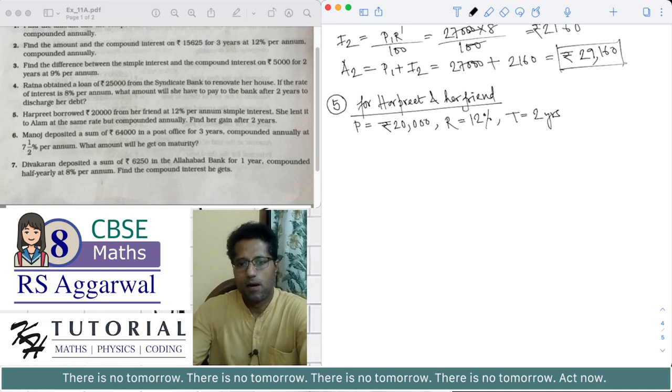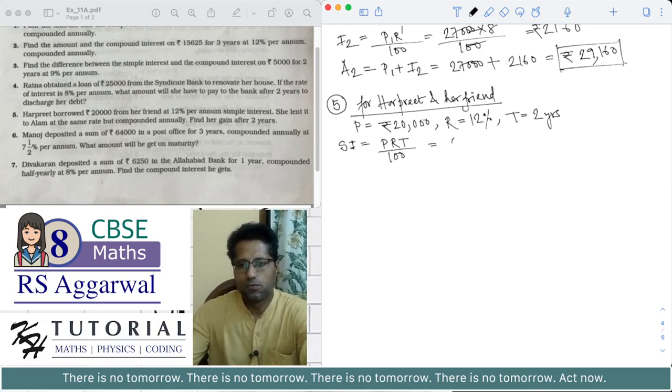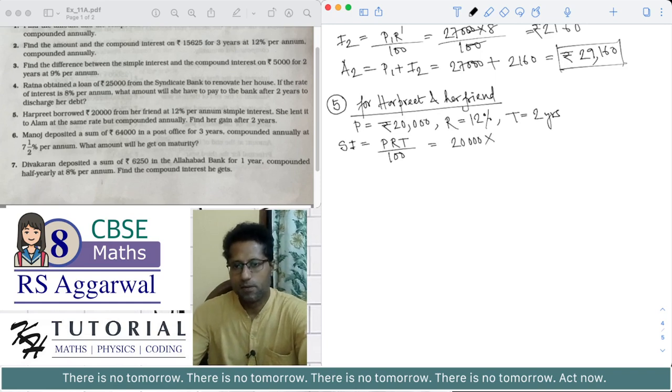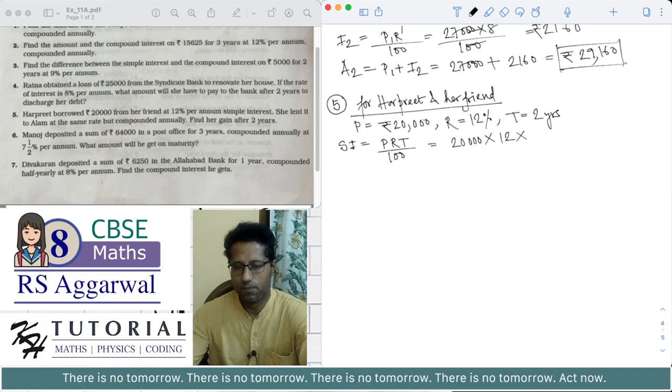So, the simple interest will be equal to PRT by 100. This is equal to 20,000 multiplied by R is 12, and T is 2 years. Remember, in simple interest, the time or the loan period is always in years. 2 divided by 100.